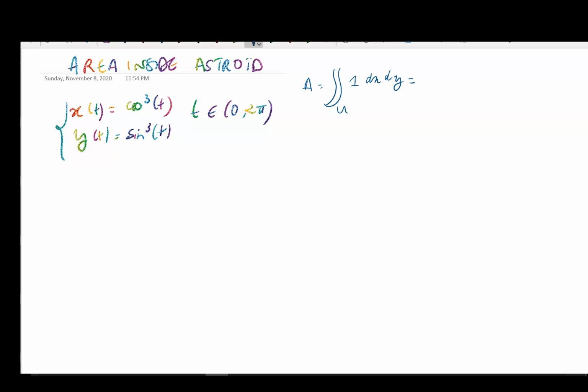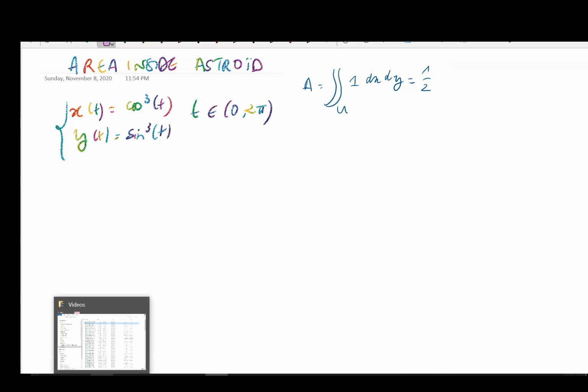And using the Green-Riemann formula, we saw that we just need to find P and Q such that dQ over dx minus dP over dy is going to be equal to 1.